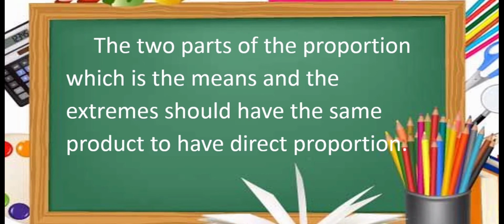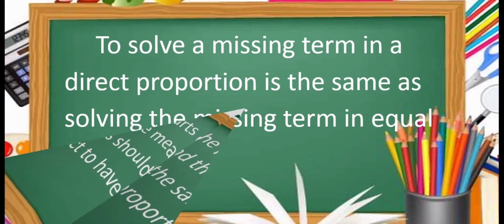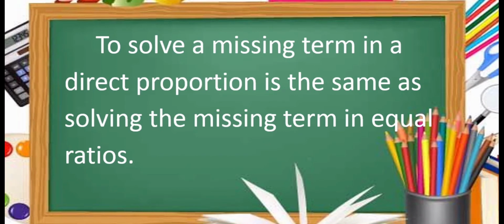The two parts of the proportion, which are the means and the extremes, should have the same product to have direct proportion. And to solve a missing term in a direct proportion is the same as solving the missing term in equal ratio.